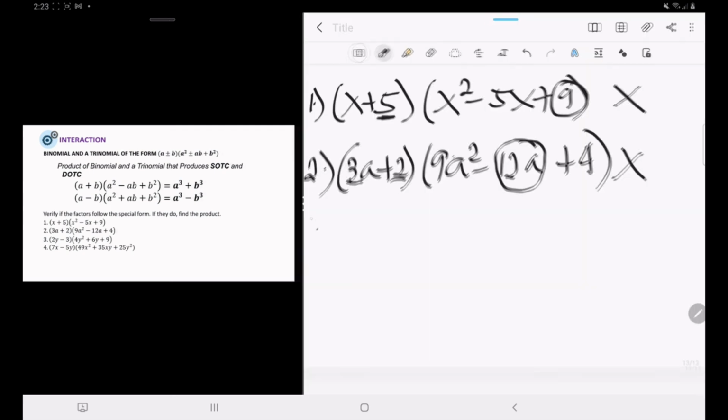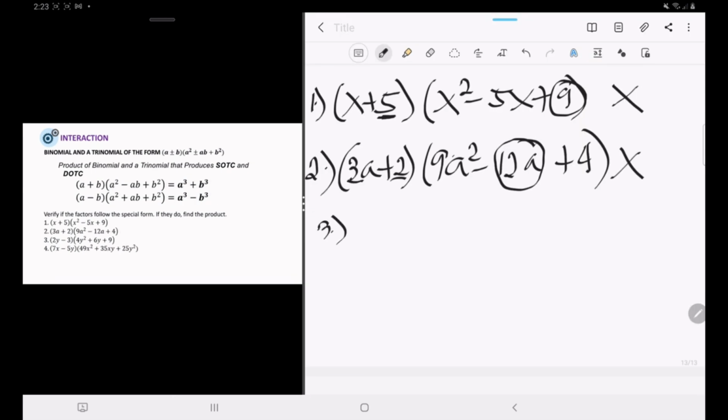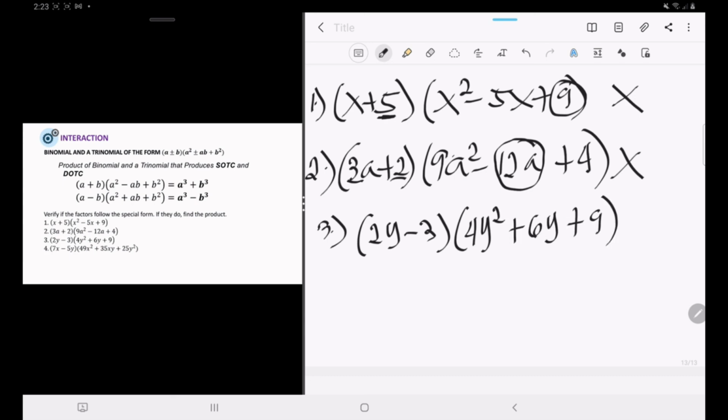Number 3, 2y minus 3 times 4y squared plus 6y plus 9. Okay, the first term is the square of 2y. The second term is the product of 2y and 3, and it's the additive inverse. And the third term is the square of the second term.